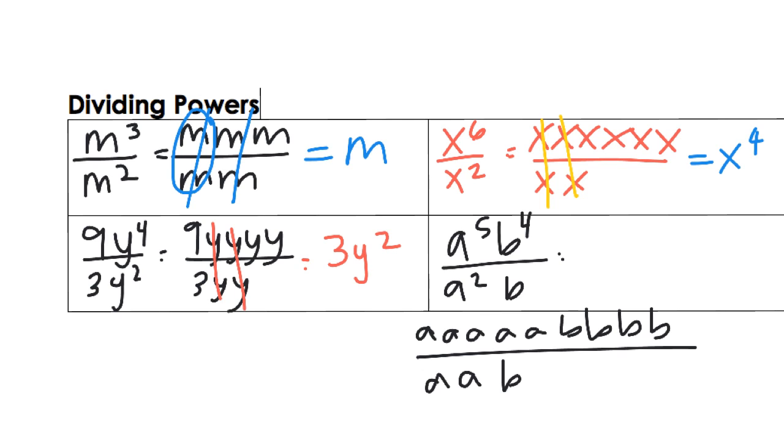And I'll look for things that can become 1. A divided by a is 1, a divided by a is 1. I can't do a divided by b, but I can do b divided by b, that's also 1. So I'm left with 1, 2, 3 factors of a, so a to the 3rd, and 1, 2, 3 factors of b, so b to the 3rd power also.